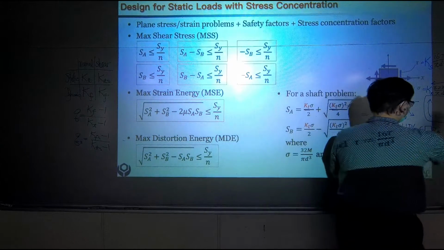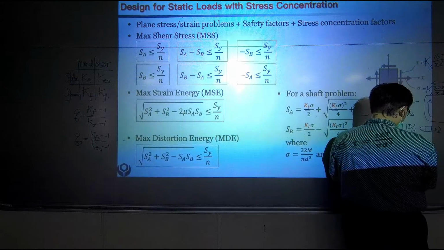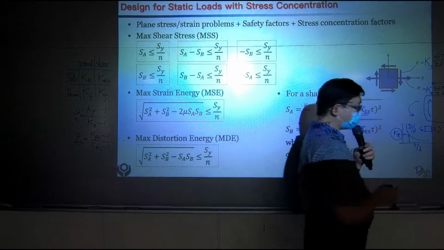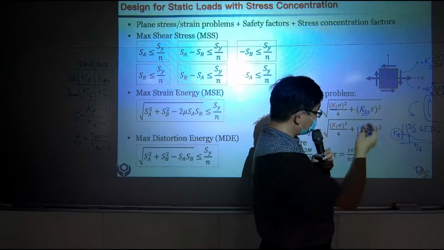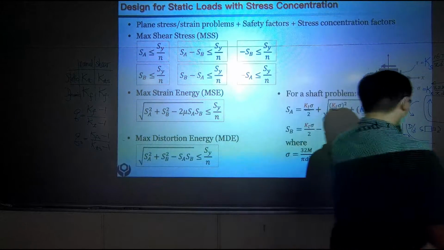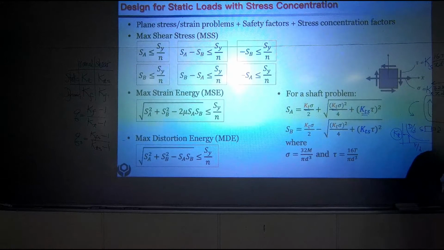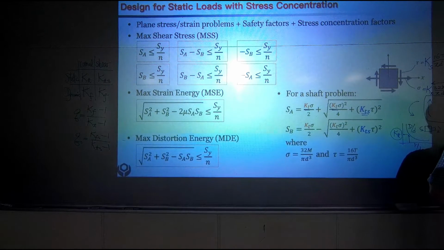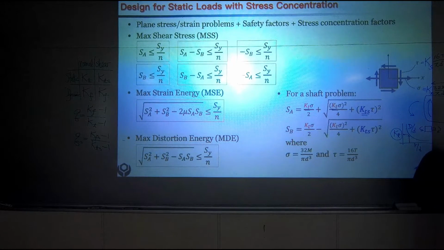So you need to figure out the dimensions, and then figure out how much KT this workpiece is going to have. And for the other case, KTS, you need to check the table where we have twisting.